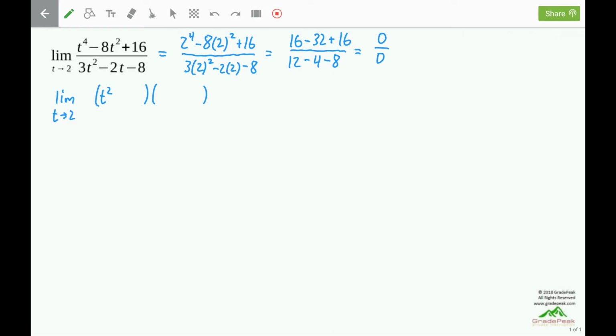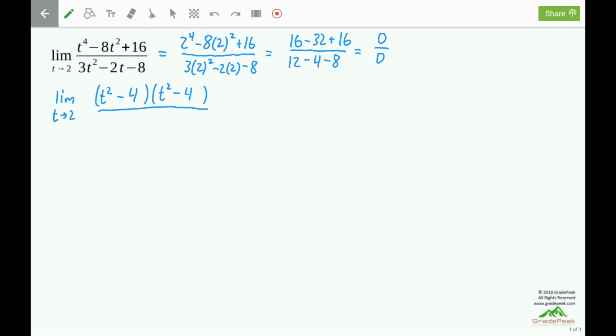Since we have a t to the fourth and a t squared term, t to the fourth is t squared times t squared, and we have a middle term of just t squared, and therefore this will be a trinomial factoring involving t squared. We need two numbers to multiply to be a positive 16 but add to be a negative 8. They need to both be negative then. And it sounds like negative 4 and negative 4 will work.